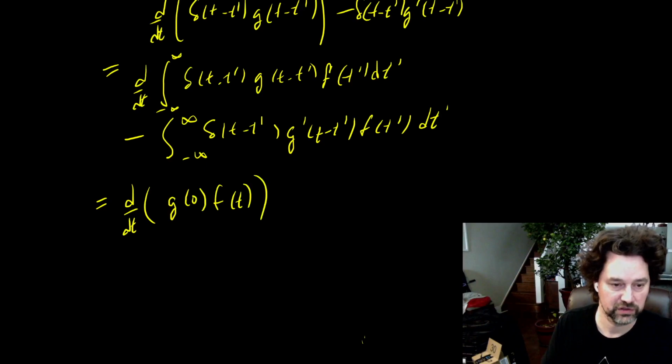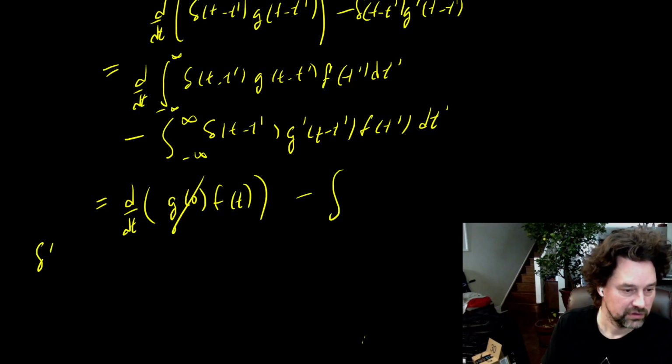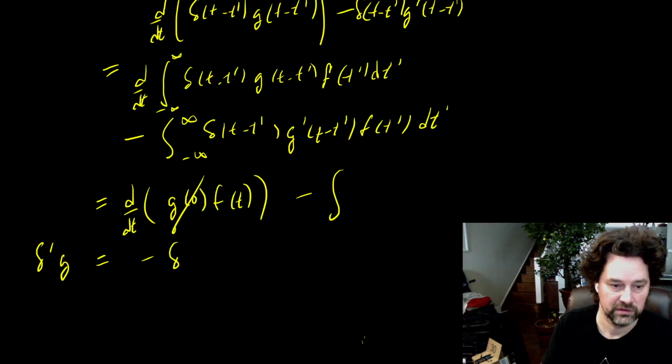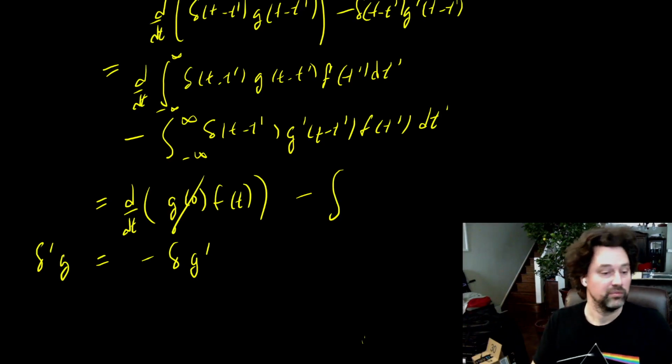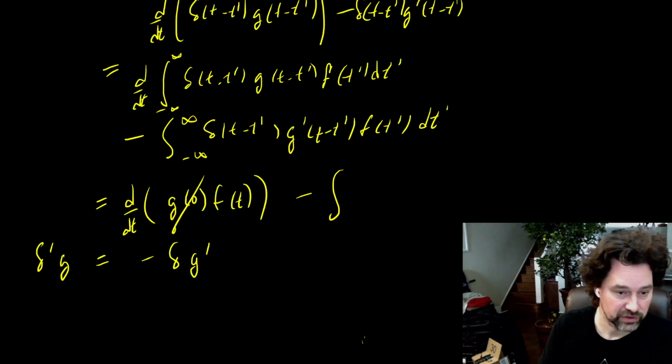But g of 0 is 0 because we have a sine. And we're just left with delta prime g equals minus delta g prime. So that is what we mean by, in this particular case, where g of 0 is 0, delta prime g equals minus delta g prime.